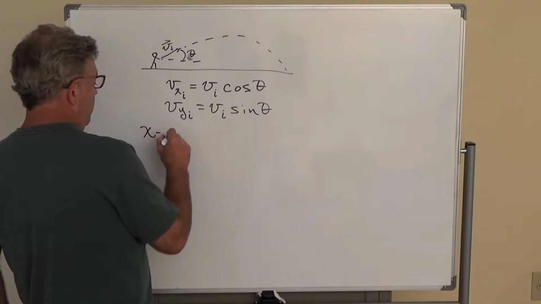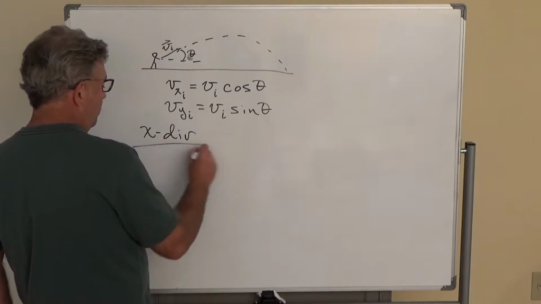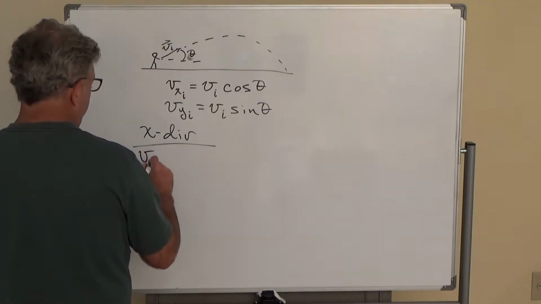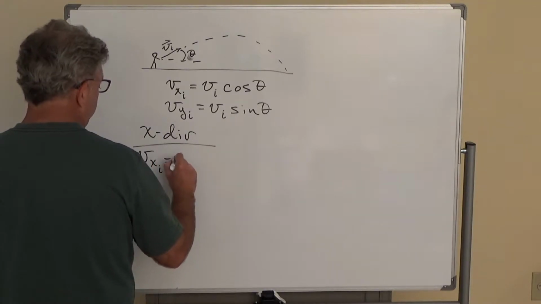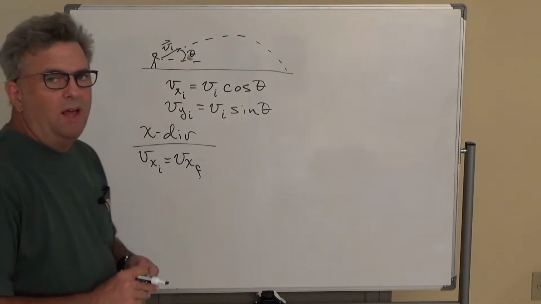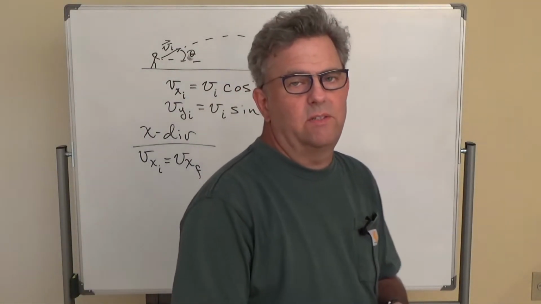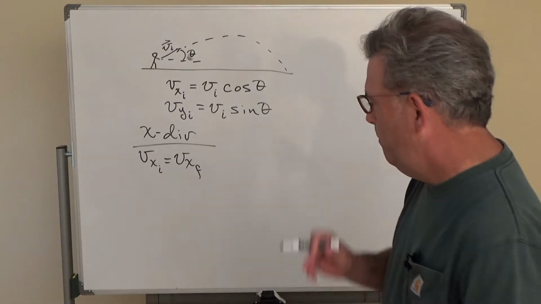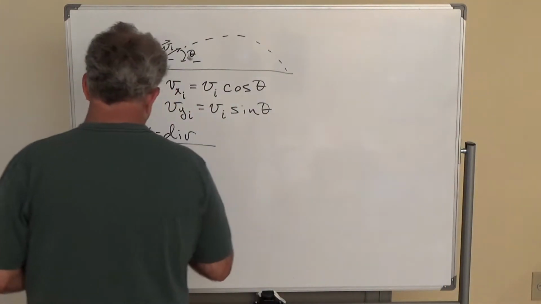So you have some equations of motion in the x direction. It's pretty darn simple. Vx initial equals Vx final. Whatever that initial velocity was in the x direction, that's the final velocity. We're ignoring air resistance, so this is true.